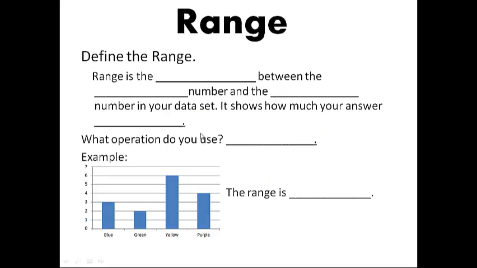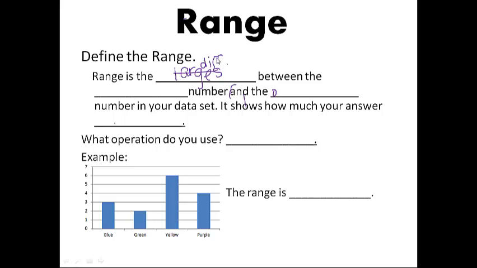The range. Alright, so the range is the difference between the largest number and the smallest number. Goodness gracious, I can't find where. Here we go. The largest number. Wrong. Jumping ahead.